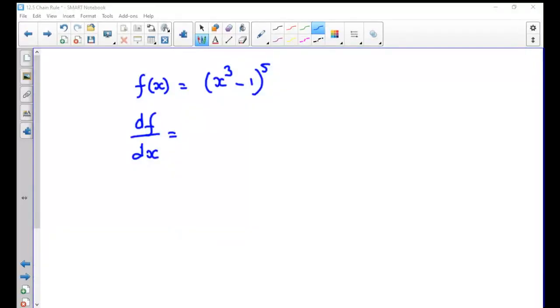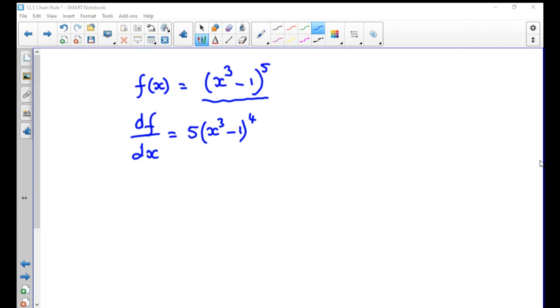Okay. So you want to differentiate this function. I hope you all know that what you do is differentiate this power function. So it's going to be 5x cubed minus 1 to the power of 4.